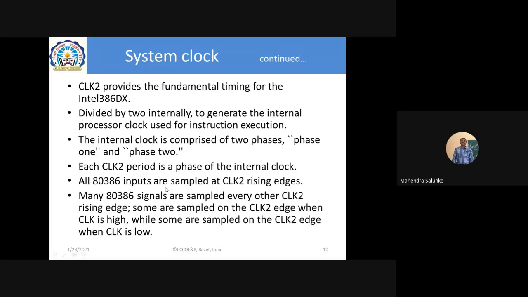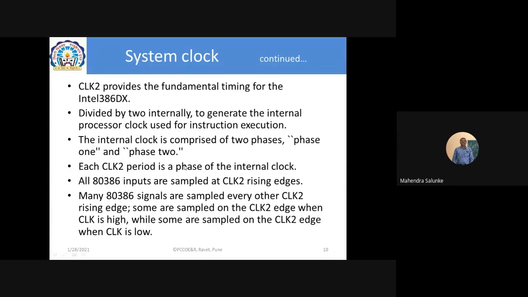All 386 inputs are sampled. Now here this is a very interesting one. Whenever inputs are to be sampled, they are sampled at the CLK2 rising edge. There are several input pins we have seen, and to check whether an input has a valid signal or not, it is sampled at the rising edge of CLK2.